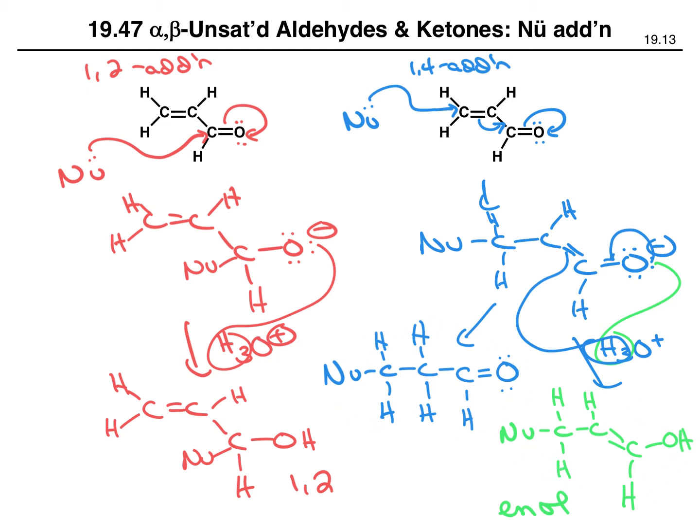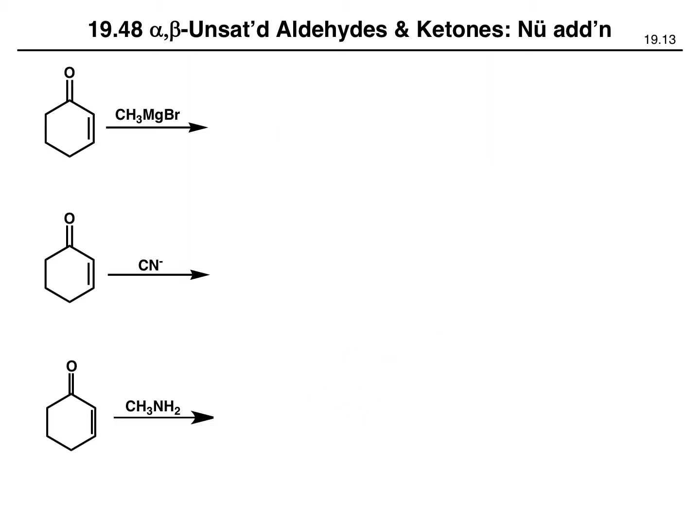So with 1,2 addition, the nucleophile adds to the carbonyl carbon, and we end up with an alcohol and a new bond between what used to be the carbonyl carbon and the nucleophile. For 1,4 addition, the carbonyl is restored at the end, and then the alpha-beta position has a new bond to the nucleophile. Different types of nucleophiles tend to undergo 1,2 versus 1,4 addition.